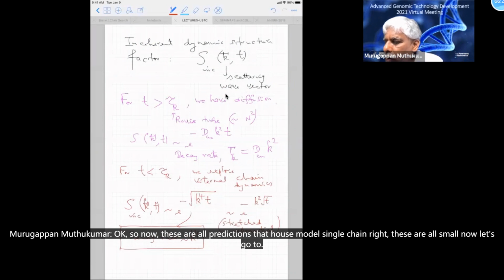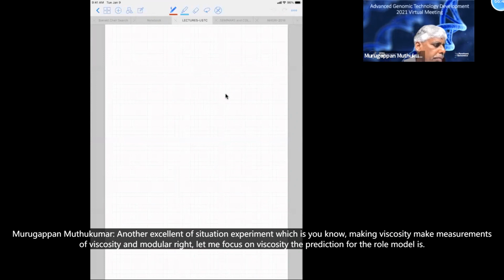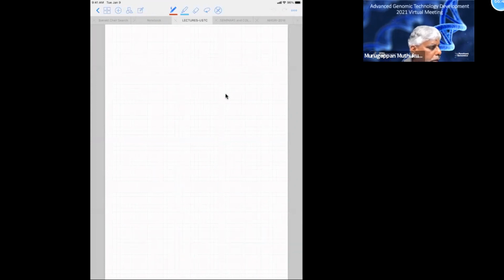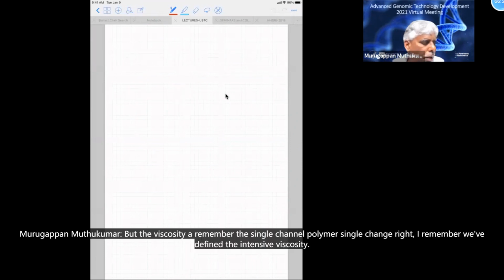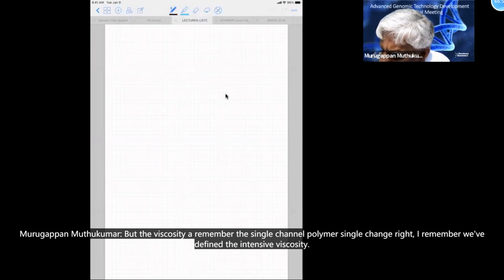Now let's go to another experiment, which is to make measurements of viscosity and moduli. Let me focus on viscosity. The prediction of the Rouse model is for the viscosity, remember, we are talking about a single chain. Remember, we defined the intrinsic viscosity.